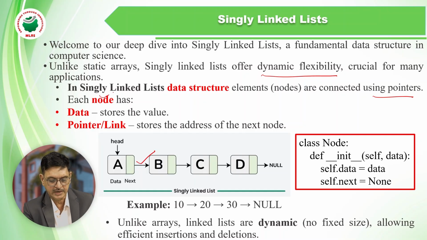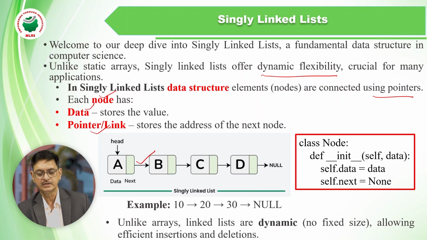Every node contains data and a pointer or link that stores the address of the next node. Through pointers, we can move from one data item to the next, and the next, so that we can reach the end of the number of elements we are maintaining as part of the singly linked list.